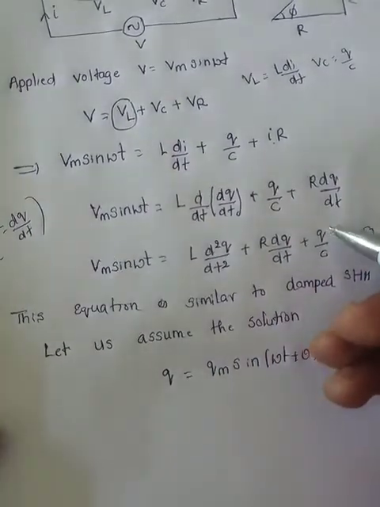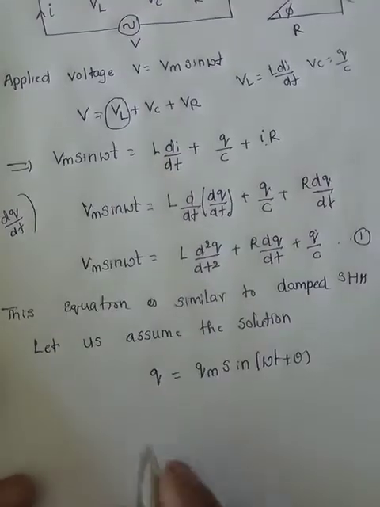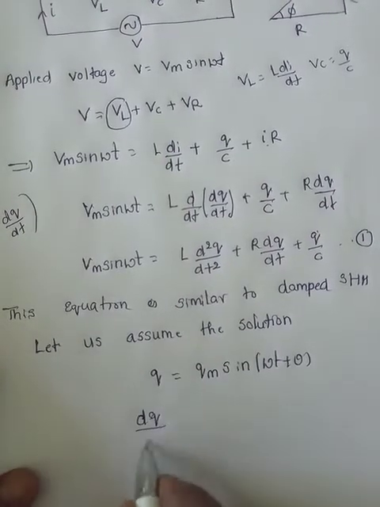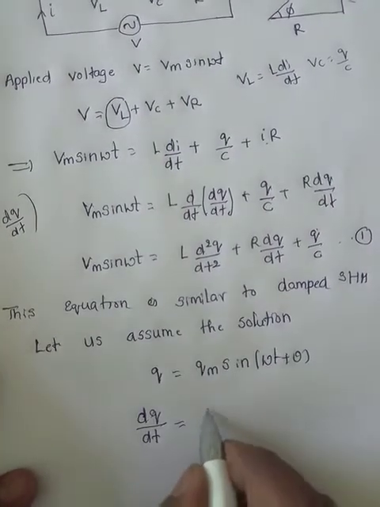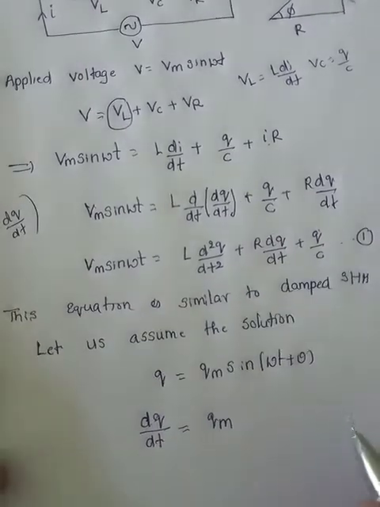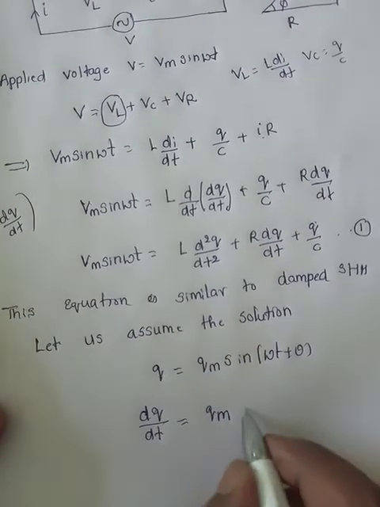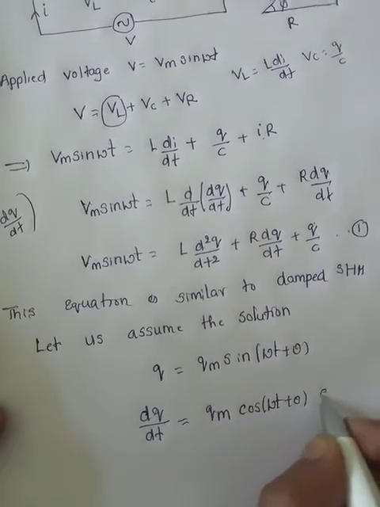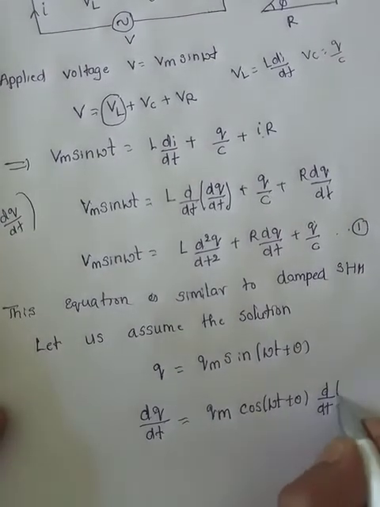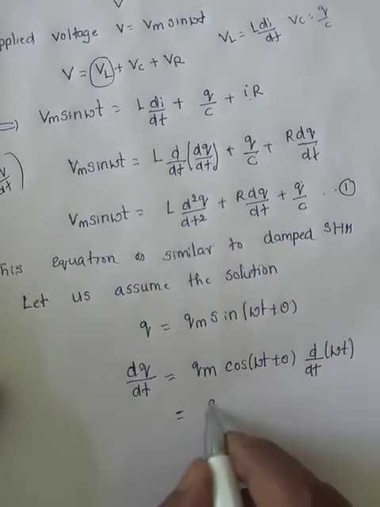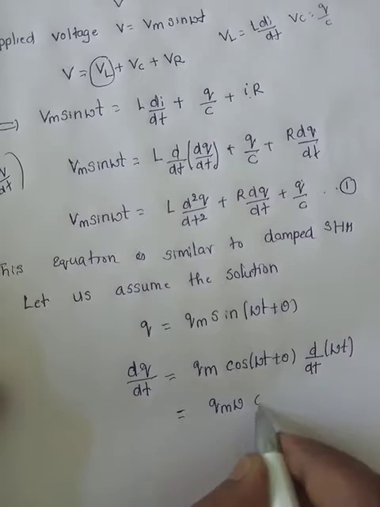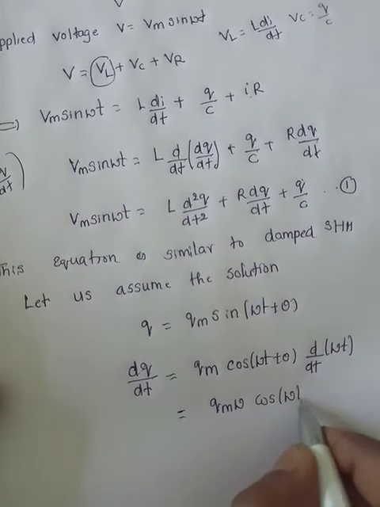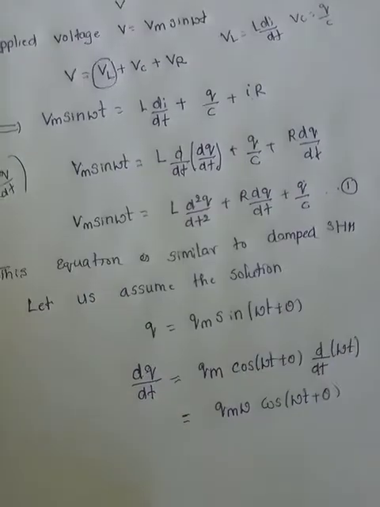So here we have Q, dq by dt, d square q by dt square. Differentiating once, dq by dt equals Qm, which remains constant, times d by dt of sin x, which is cos x. So cos of omega t plus theta; again differentiating the variable term omega t, we get Qm omega cos of omega t plus theta.